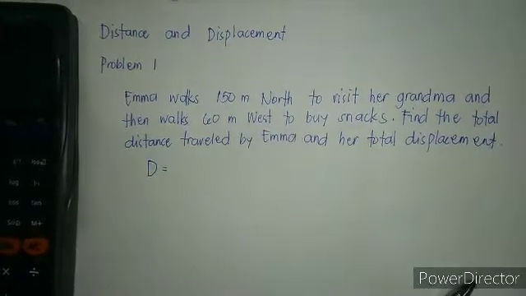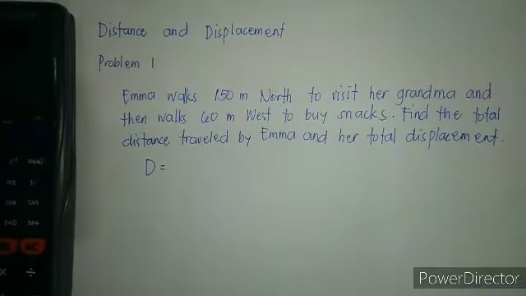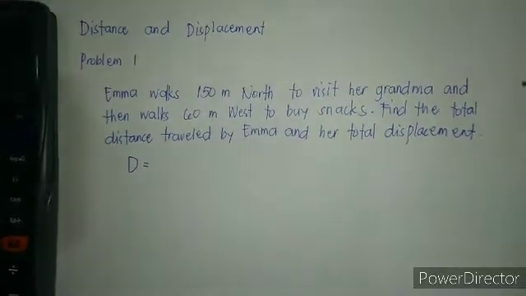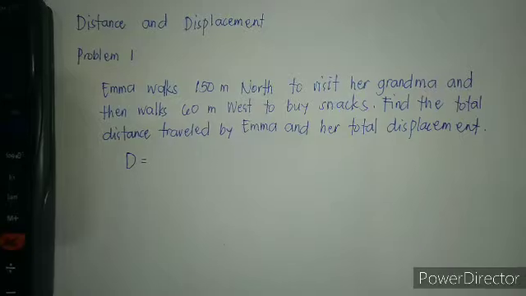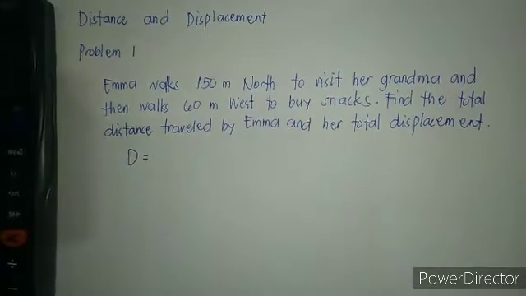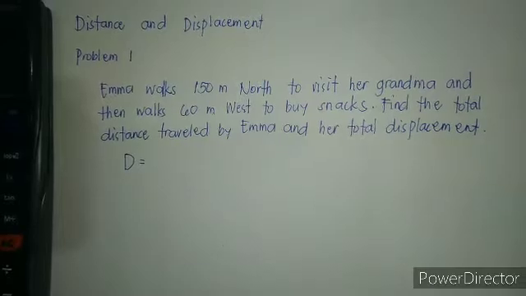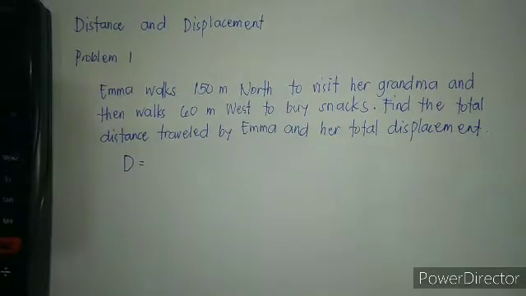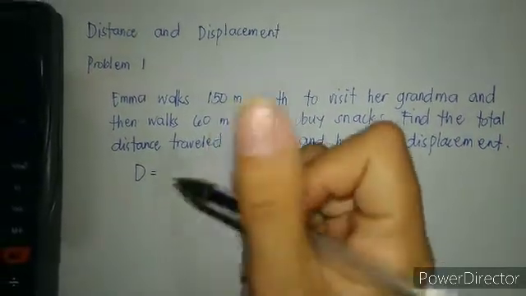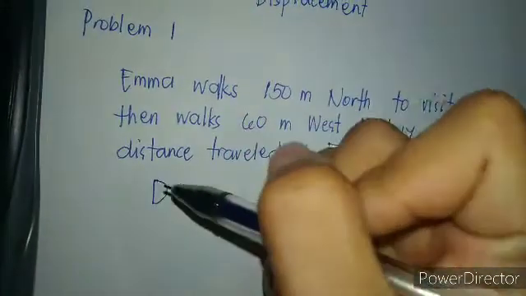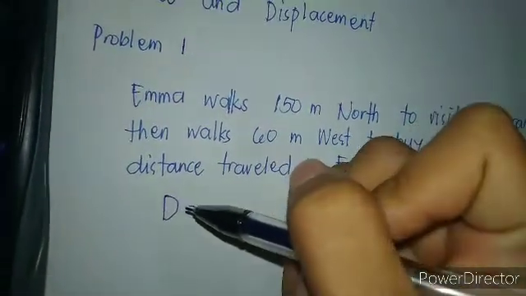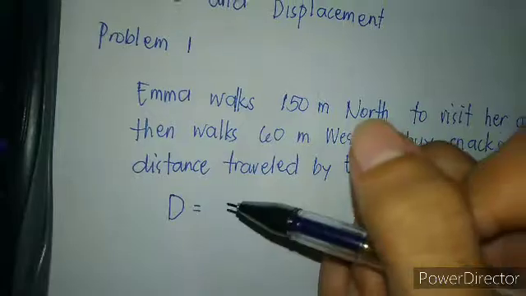Let's have the distance and displacement. Problem number 1. Emma walks 150 meters north to visit her grandma and then walks 60 meters west to buy snacks. Find the total distance traveled by Emma and her total displacement. So first, we're gonna get the distance. Let's have capital letter D represented by distance.